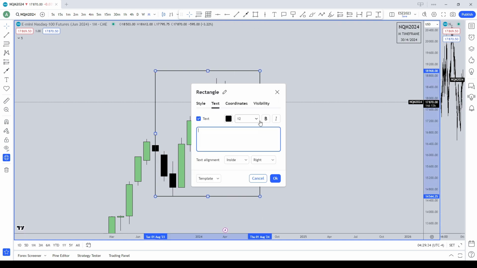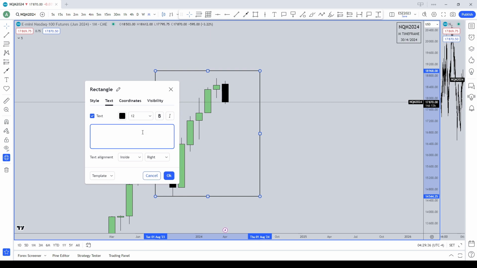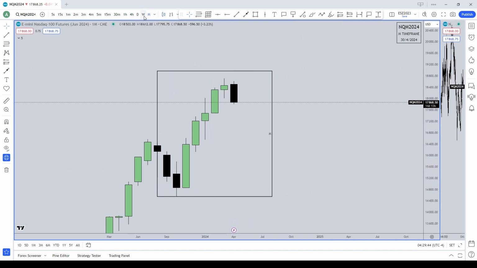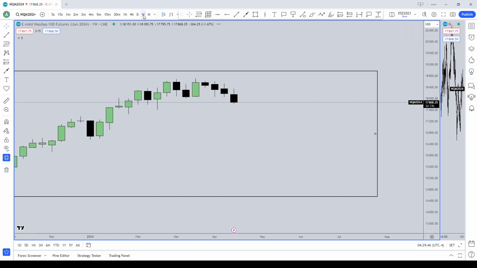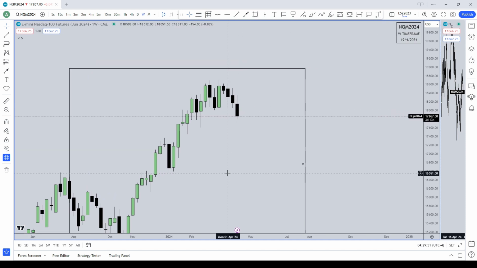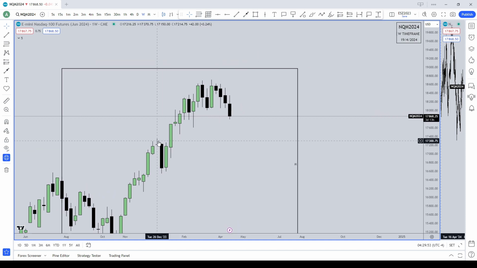Now you can take note that from the monthly time frame this is the view on the trend. Now we are going to the weekly time frame. Still from the weekly perspective, there is a last unmitigated zone which pushed the price higher.